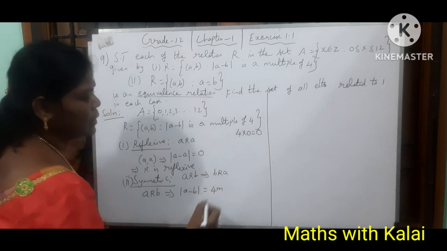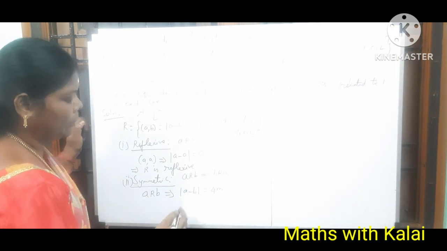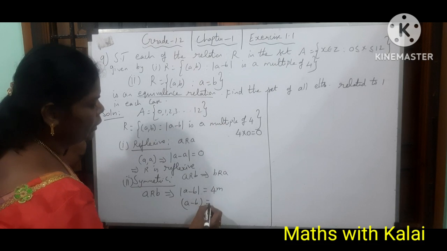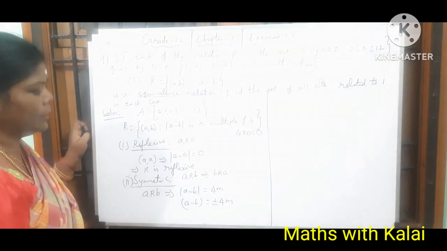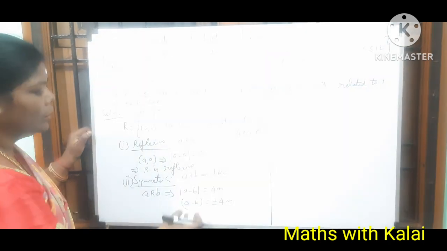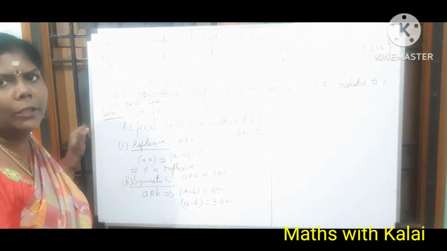So 4 into some constant, some scalar, you have to consider. Okay, mod a minus b equals 4m. If you take only a minus b, it will be equal to plus or minus 4m. Otherwise, even if we stop at modulus of a minus b equals 4m, that is also correct. If this is equal to 4m, then a minus b is plus or minus 4m, you should know.